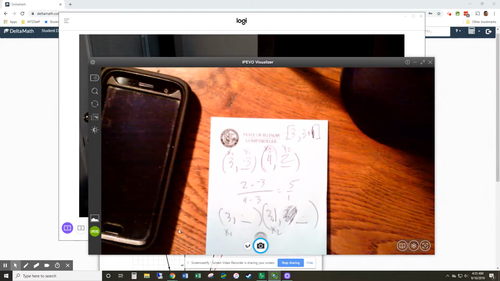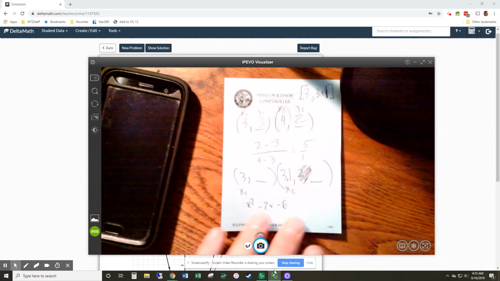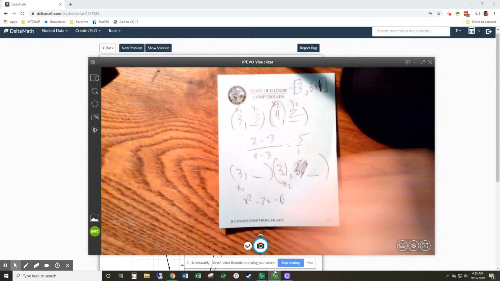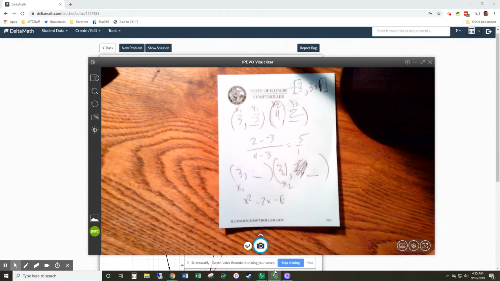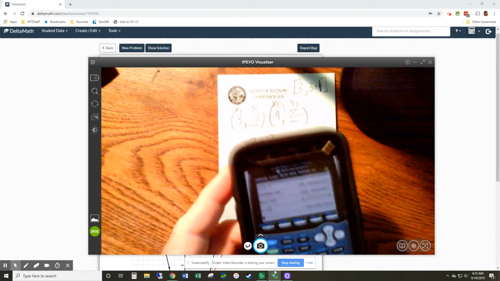Now, just to double check that I found it right the first time, that is x squared minus 2x minus 6. So I go to my calculator, and easy peasy lemon squeezy, we have this right here.